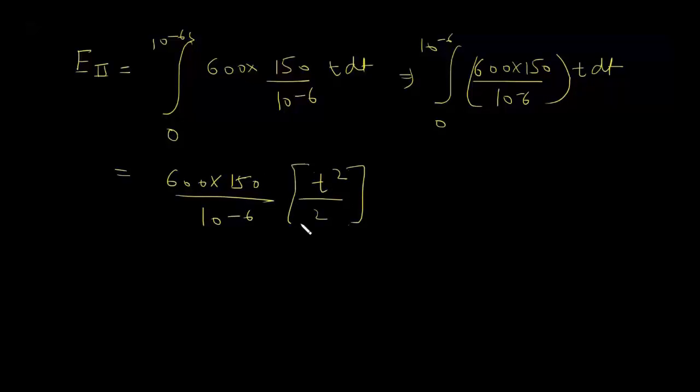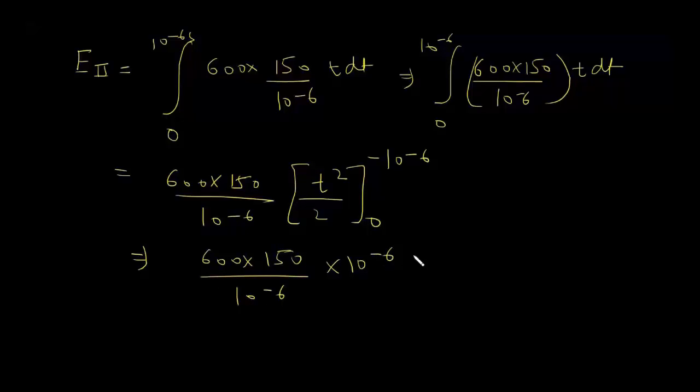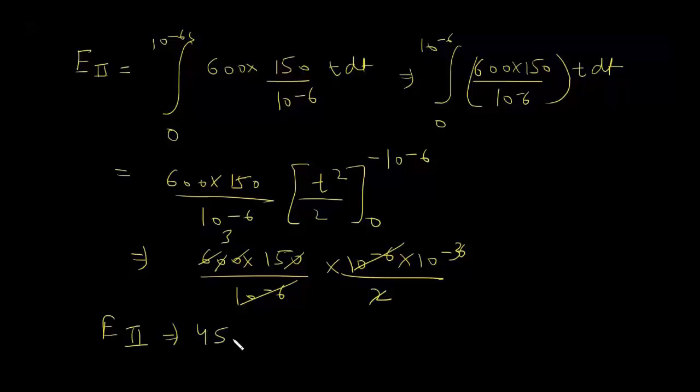So the energy dissipation during interval 2 comes out to be 45 millijoules.